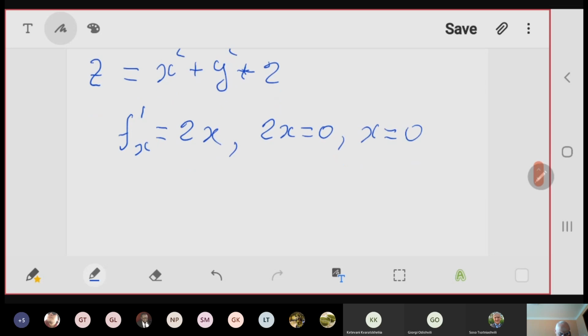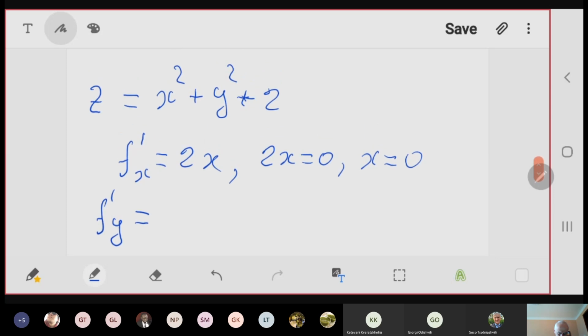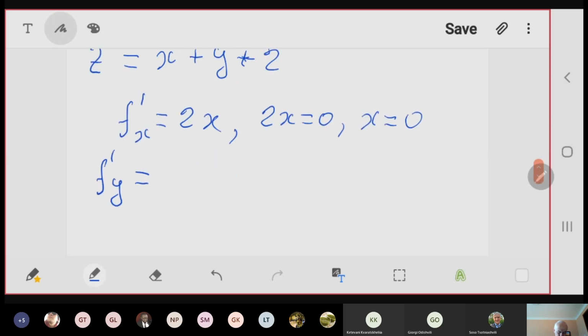Okay. The next step is to find the derivative by y. And what is it? Any idea? Just 2y. Yes, in this case x squared plus 2 is a constant. So we have here 2y.